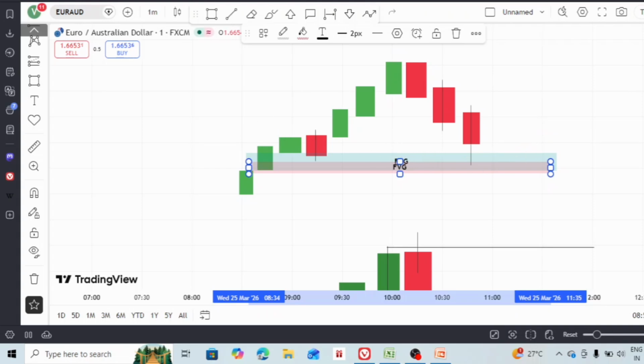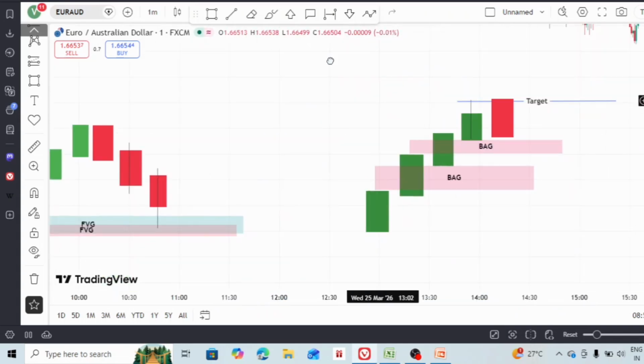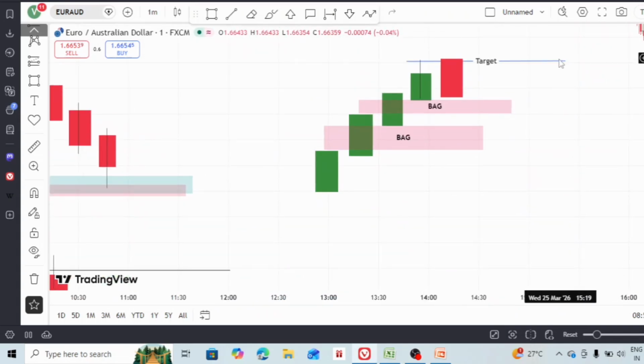This is a manipulation gap, and also this is the target. Suppose the market target has been reached. The market was moving like this and reached the target.